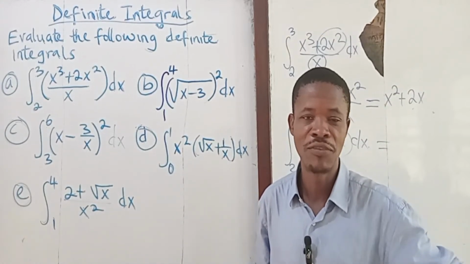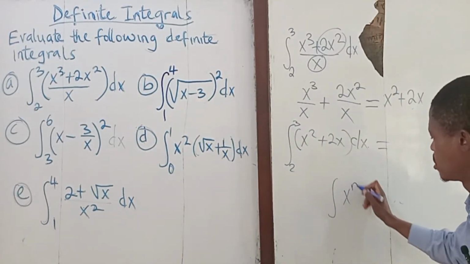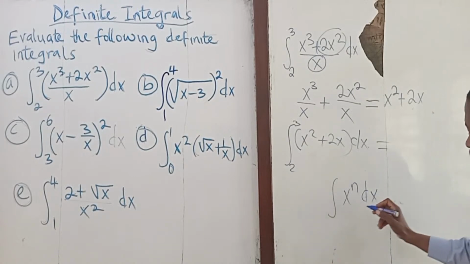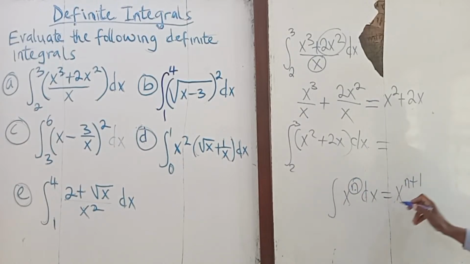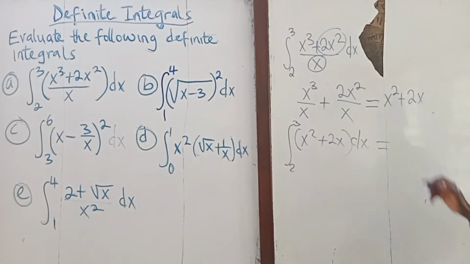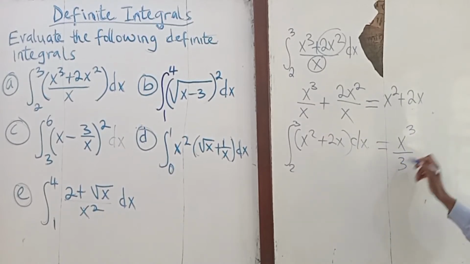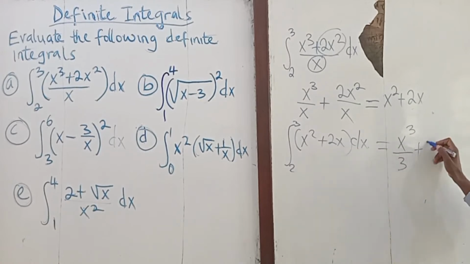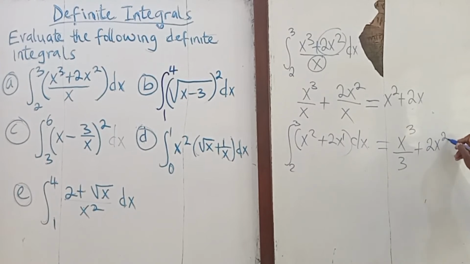The general formula for integration is this: x to the power n, you add 1 to the power, over whatever you have as the new power. So we add 2 plus 1, that's power 3, over 3, plus 2x squared. This one will have power 1, so plus 1, that's x to the power 2 over 2.